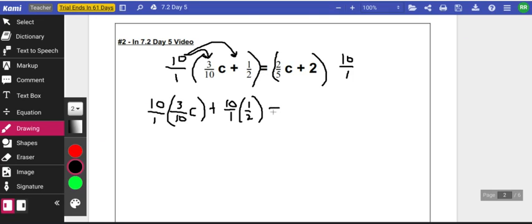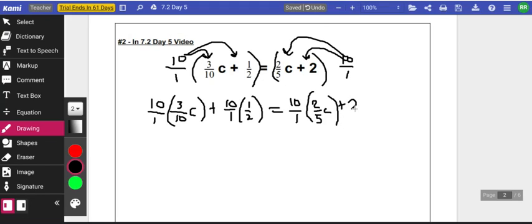I'll bring my equal sign down. Then I have 10 times 2/5 c. So 10 over 1 times 2/5 c. Don't forget your variable. Then I have 10 times 2. That is positive 20.